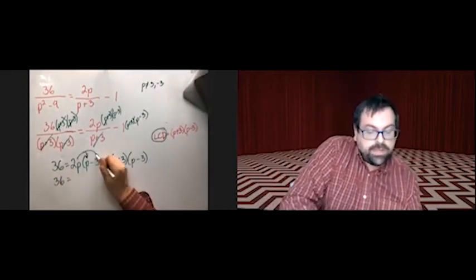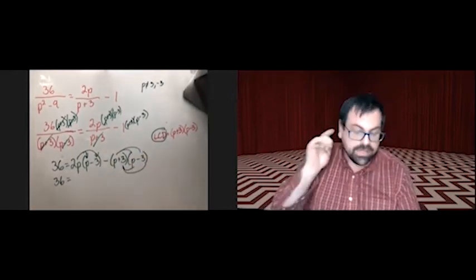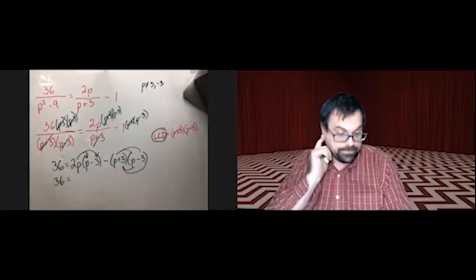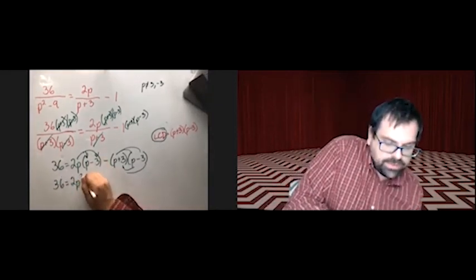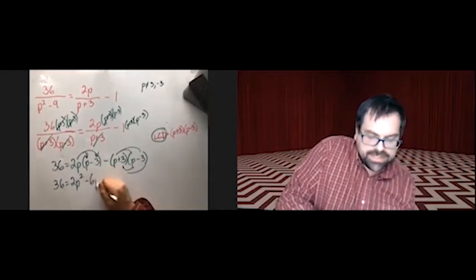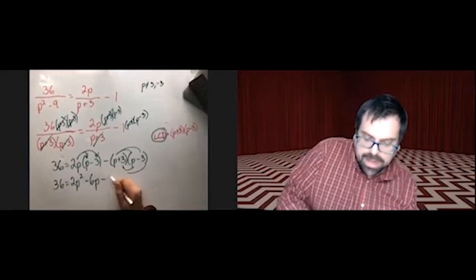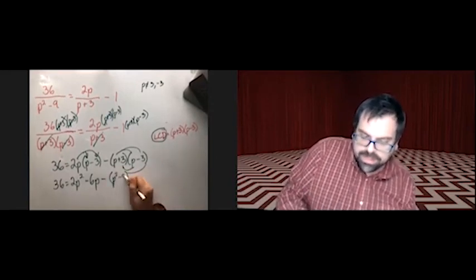Distribute the 2p, FOIL these, or use the special formula. So 36 equals 2p times p, 2p squared, 2p times negative 3, negative 6p, minus the entire p squared minus 9.